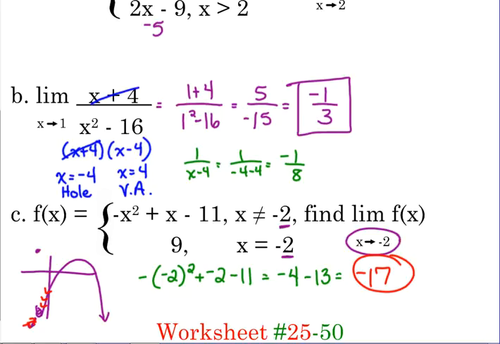It's negative 17, but f of negative 2 is not. You plug it into the equal to piece if you're just evaluating the piecewise function.